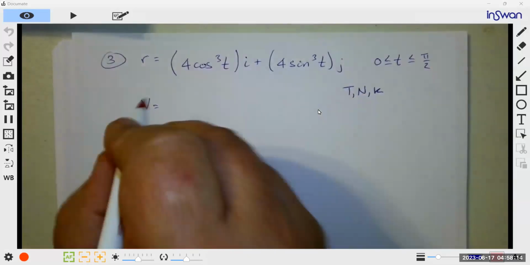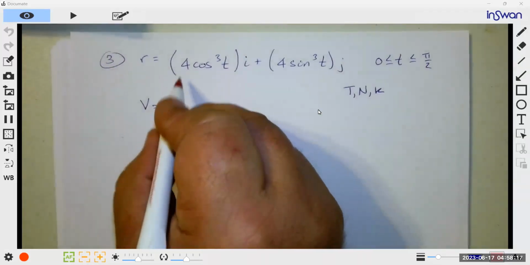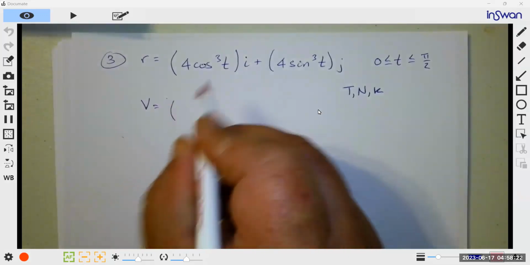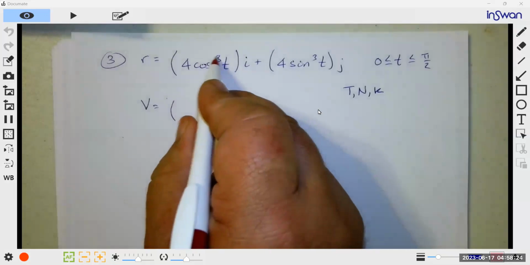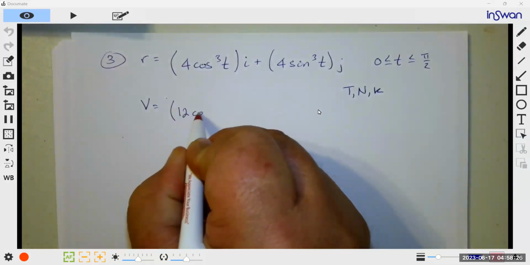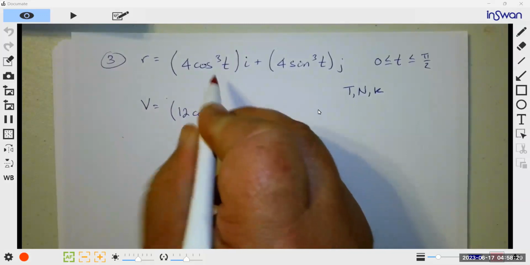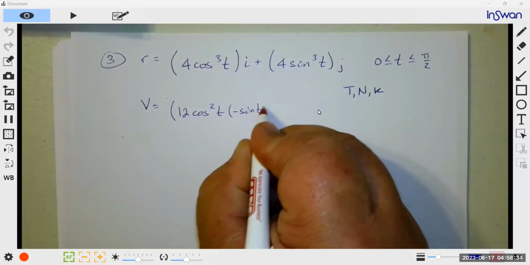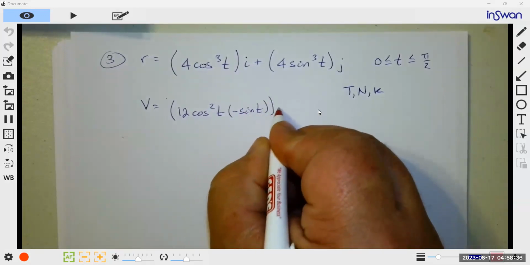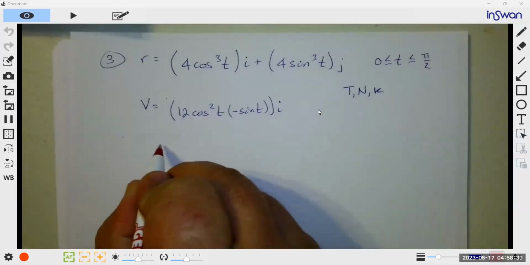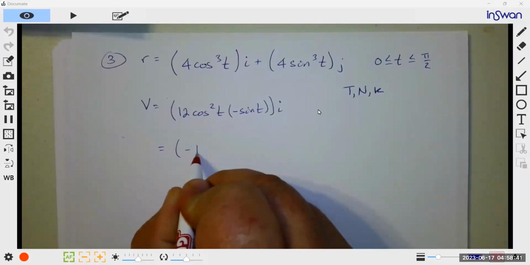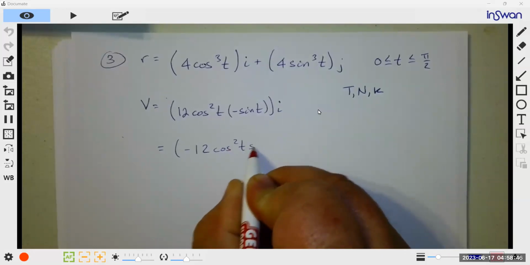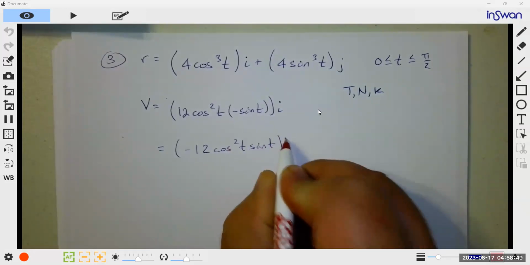So to find T, we need to find v and the magnitude of v. So the derivative of the first one: derivative of the outside, so it's 3 times 4 is 12 cosine squared t times the derivative of cosine, which is negative sine. So that one equals negative 12 cosine squared t sine t i.